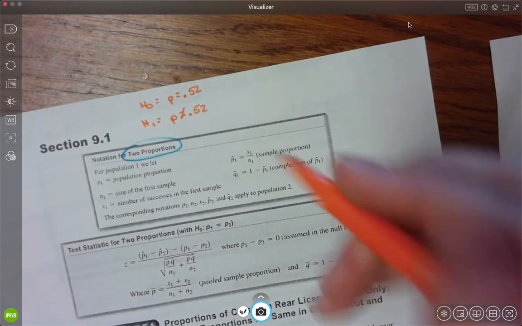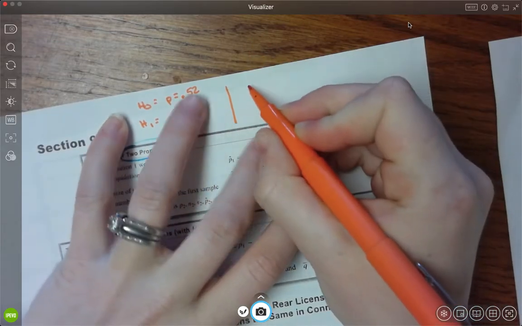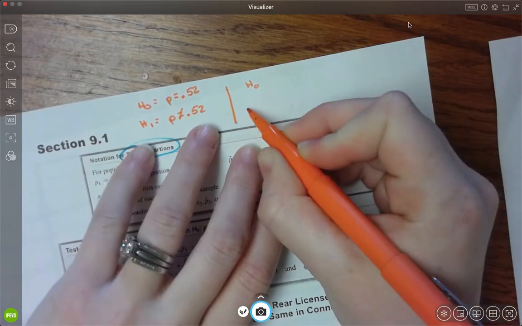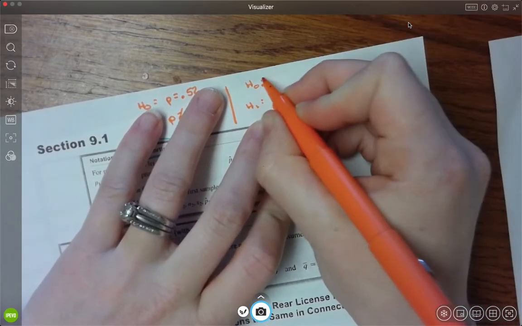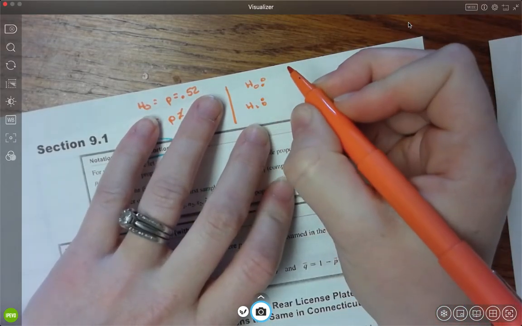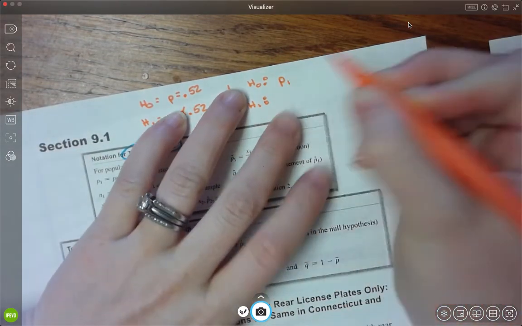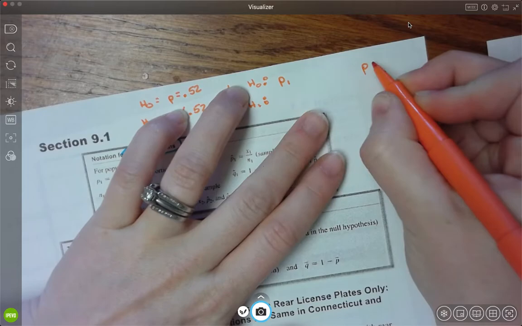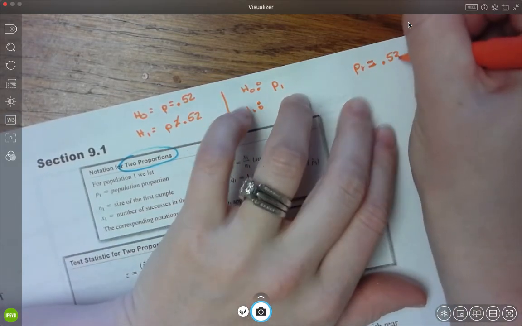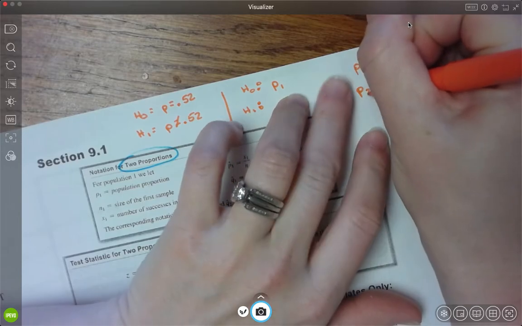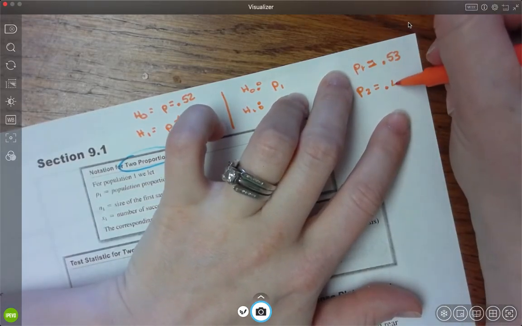Chapter 9 is going to look a little bit different. For our null and alternative hypotheses, they're going to say we tested two different samples, and in the first sample the proportion of girls was 0.53, and the proportion of girls in the second sample was 0.48.